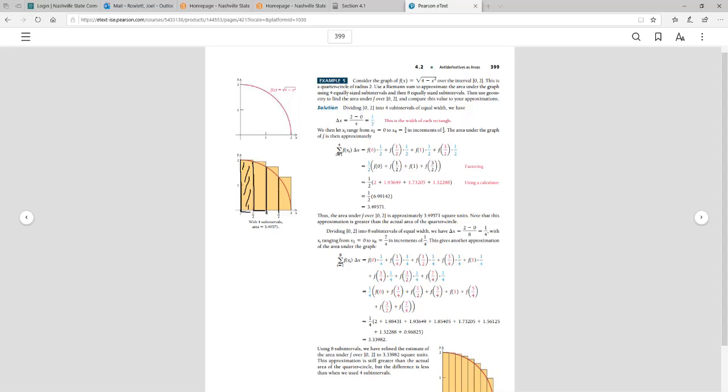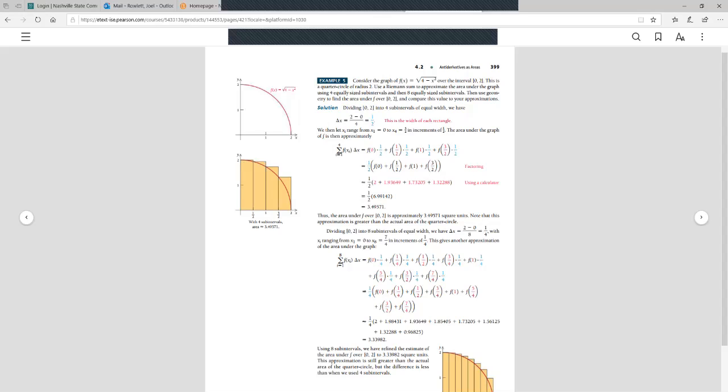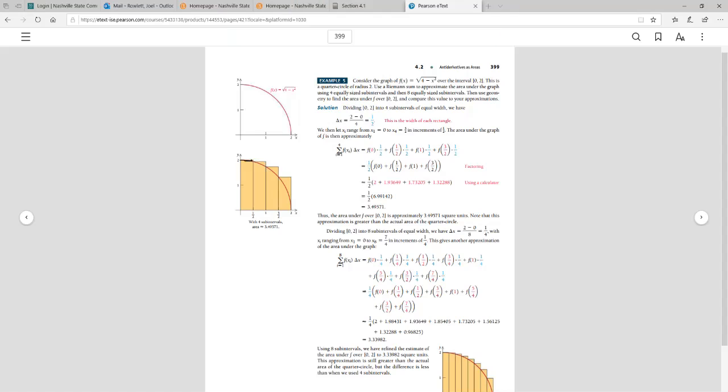Now remember, this is just an approximation because look what happens when you do the left points. Notice that you end up getting too much area, right? You got too much area there. You've got this error here, you've got this error here we don't need, and you have this error here.